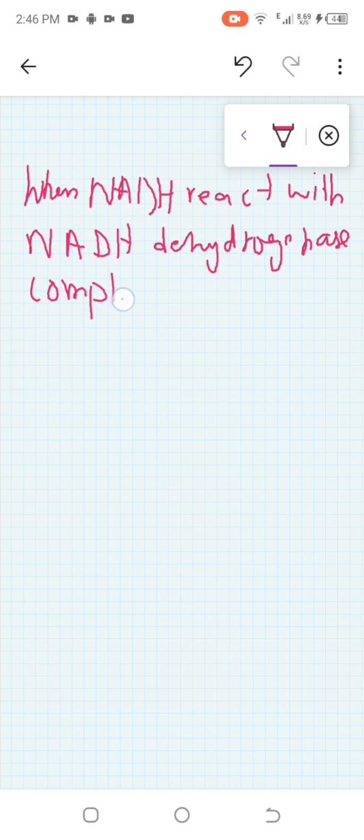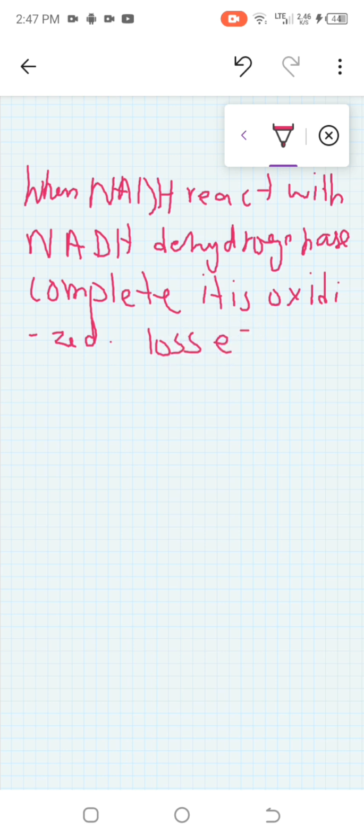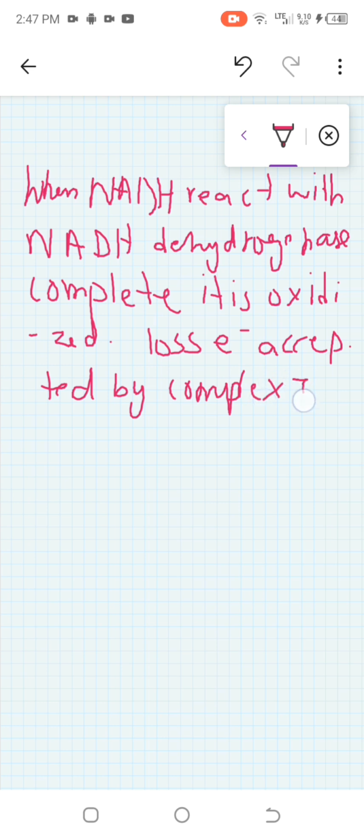This means NADH is oxidized into NAD plus. After oxidation, it loses electrons, and those electrons are accepted by complex 1.